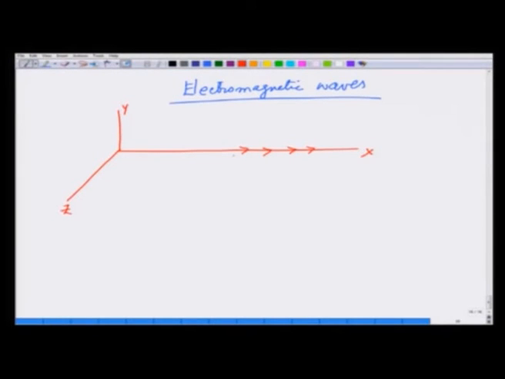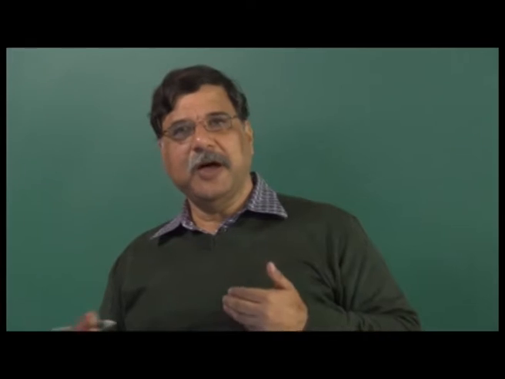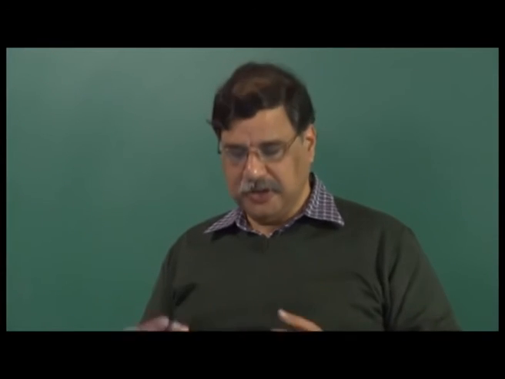So, I am going to motivate you by taking E in the y direction and B in the z direction, and show you that if they vary with time and space, they can sustain each other.